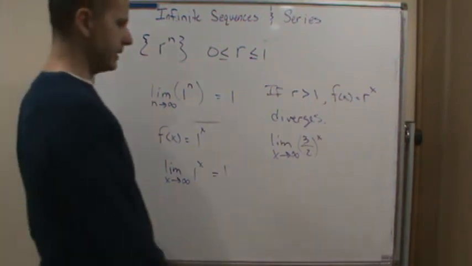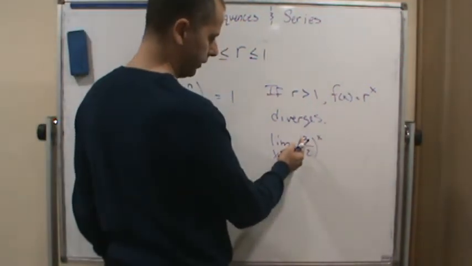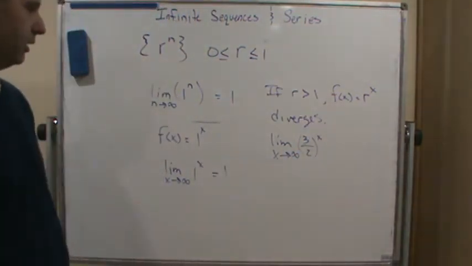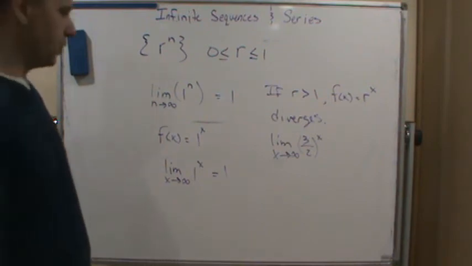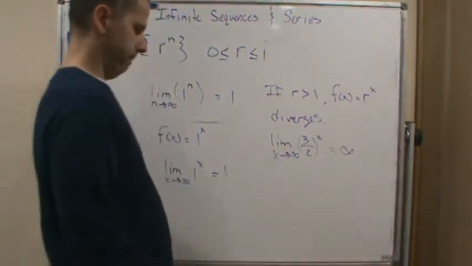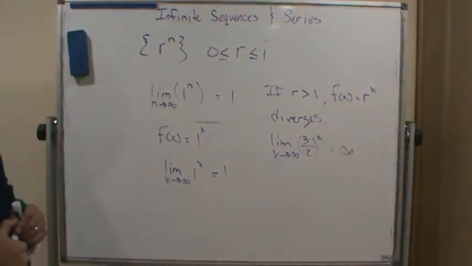The numerator is going to grow faster than the denominator as x goes to infinity, so this is going to infinity. The function diverges, and the limit does not exist.